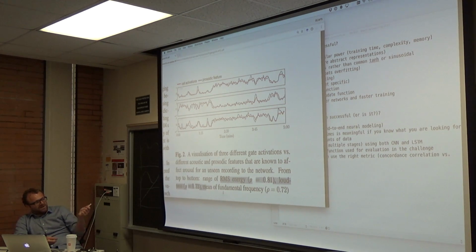But energy is a physical, physics-based measure of the intensity of a signal, and loudness is a perceptual measure where you actually consider the human as the perceiving agent of this signal.